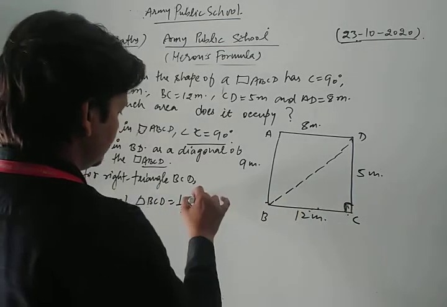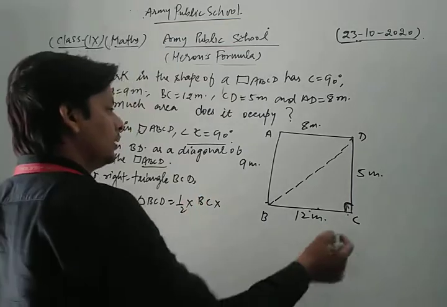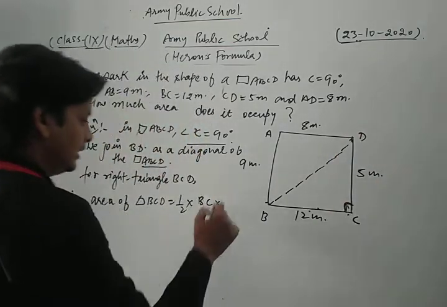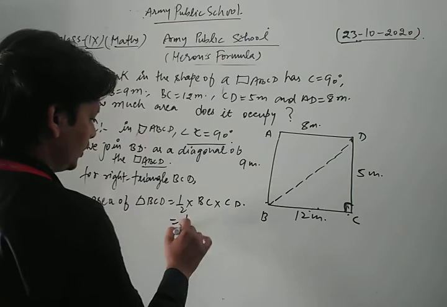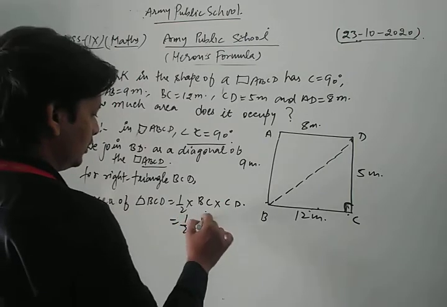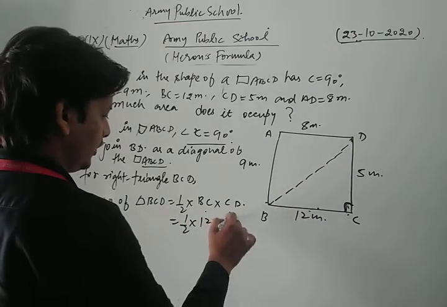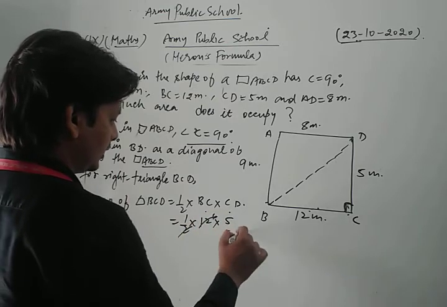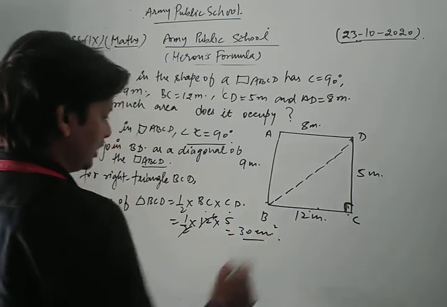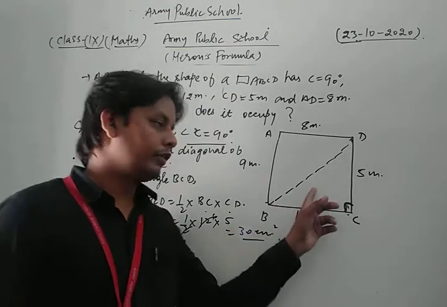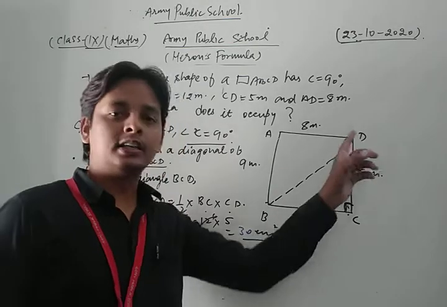Base is BC, and height is CD. So we get 1 upon 2 into BC, which is 12, into CD, which is 5. So 2 sixes are 12, 6 fives are 30 meter square. Thus, in this way, we find the area of triangle BCD.